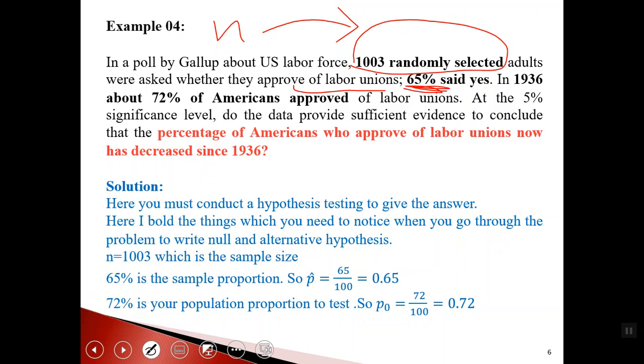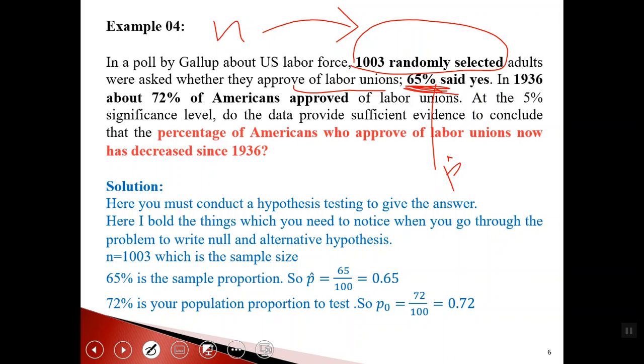What is the 65%? This is your p hat. Some problems will give you both sample n, which means sample size, as well as p hat. You should clearly identify what is p hat and what is sample n. So here you don't need to calculate p hat. They have given 65% from that sample, so you don't have to calculate that.